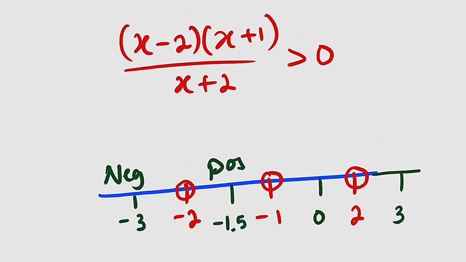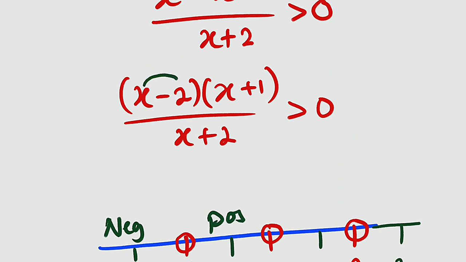Then we test 0. 0 minus 2 is negative because that's -2. 0 plus 1 is 1, which is positive. 0 plus 2 is positive. So negative times positive is negative, and negative divided by positive is still negative.